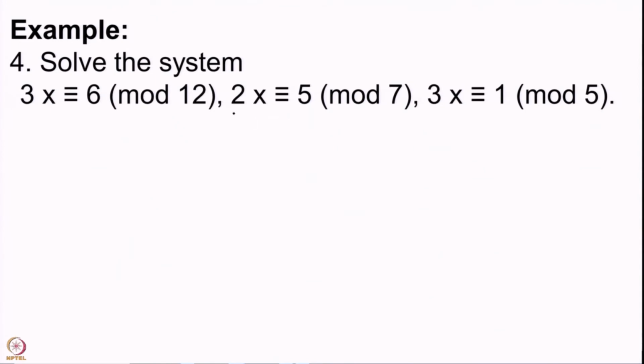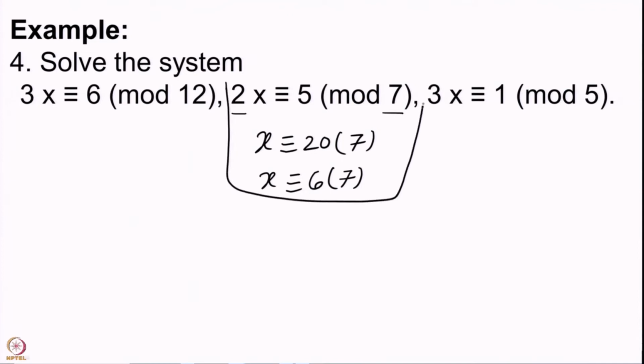The inverse of 2 modulo 7 is 4, 2 into 4 is 8. So, I multiply by 4 to get x congruent to 20 mod 7, and 20 is nothing but 6 modulo 7. So, this system is same as this system. We have these 3 are equivalent.